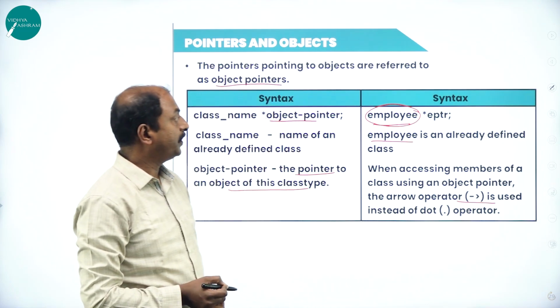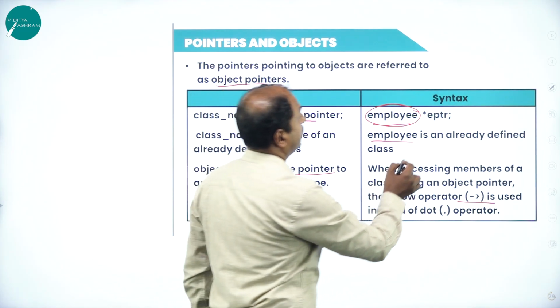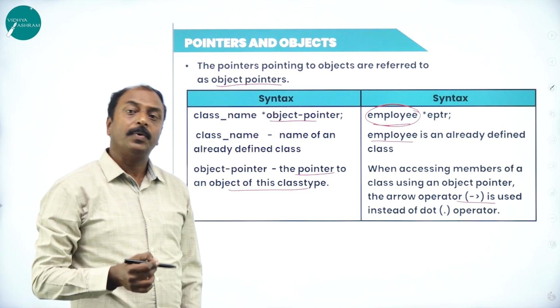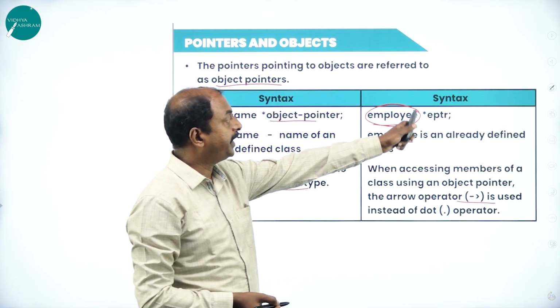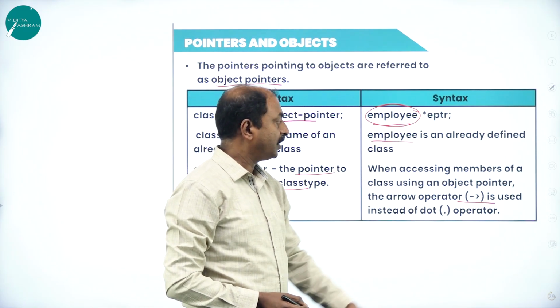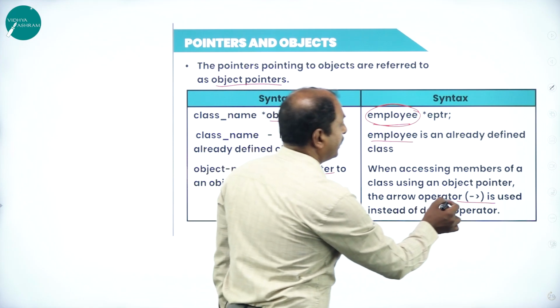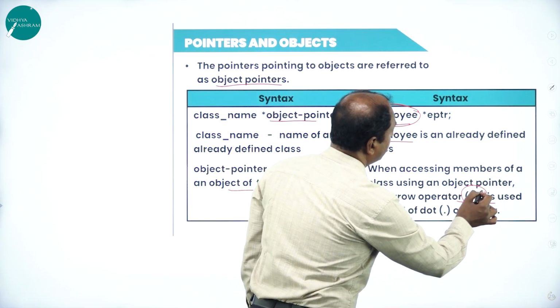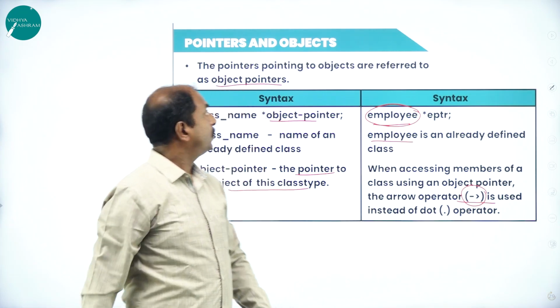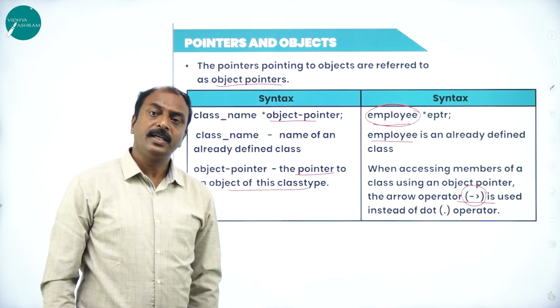So this is one of the differences. Observe that *eptr is an object pointer because star indicates a pointer variable. So whenever you are working with this concept, we use this operator, hyphen and an arrow mark, instead of the dot operator. So this is pointers and objects.